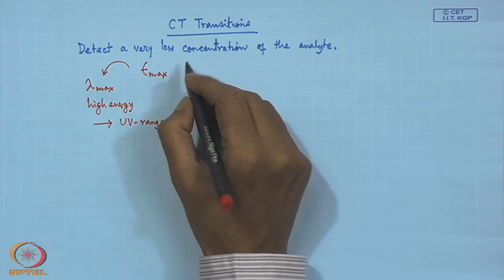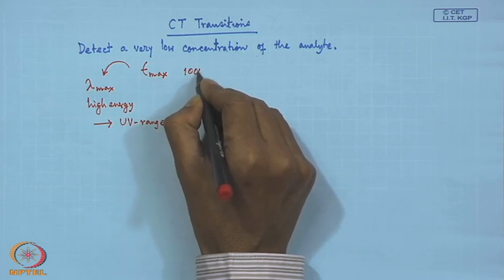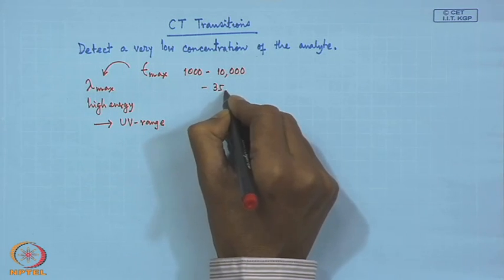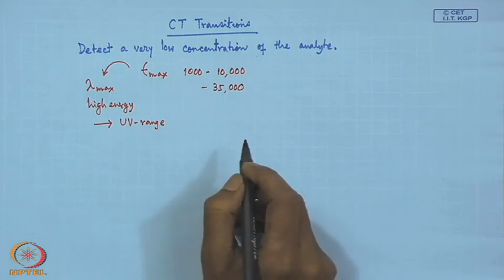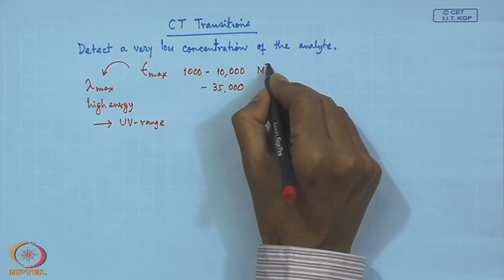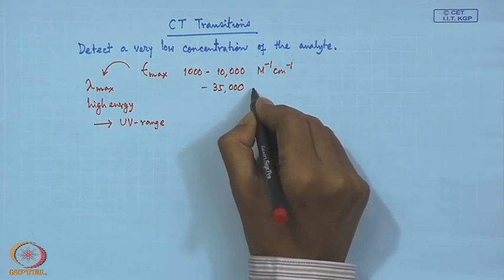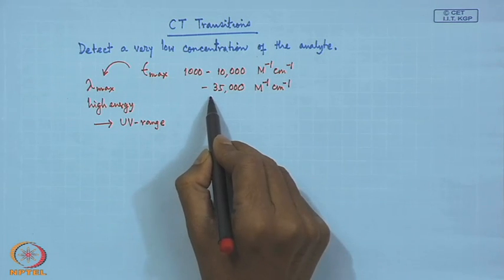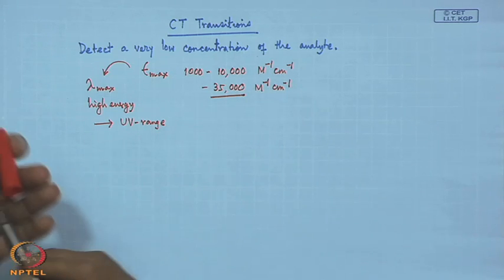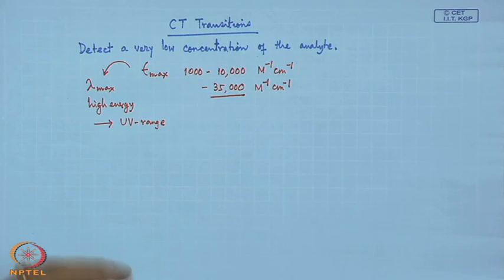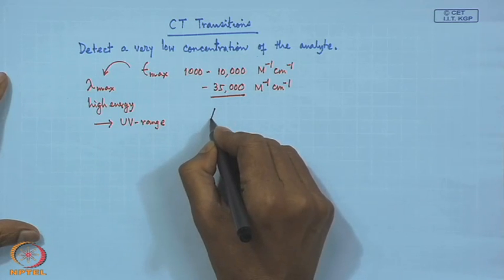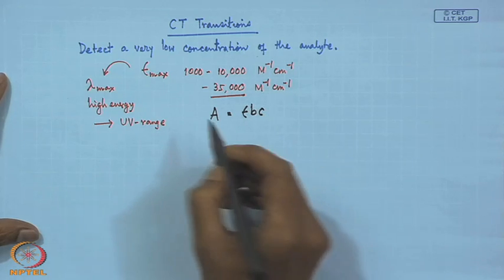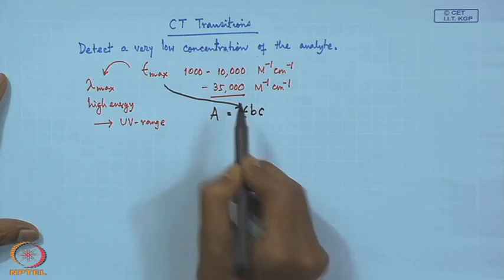The epsilon max is around 1000 to 10,000, or sometimes very high, up to 35,000, which is in mole inverse centimeter inverse. So we see the contribution from the concentration, because the absorbance applying the combined form of Lambert and Beer's law is epsilon bc. From here we derive this epsilon.